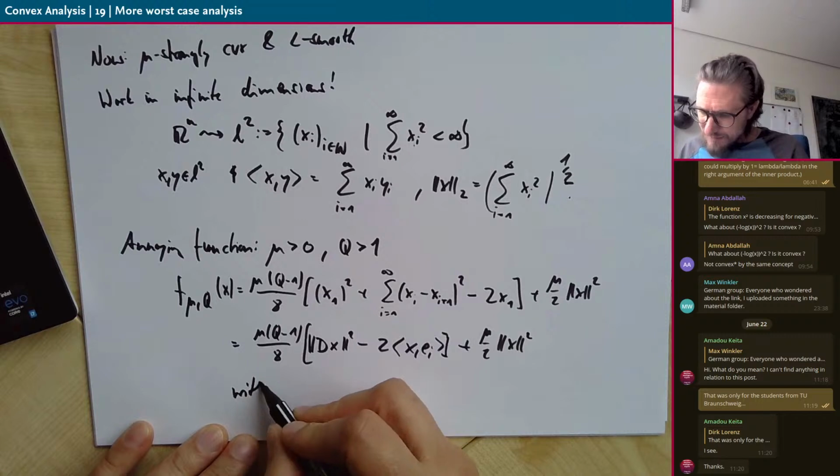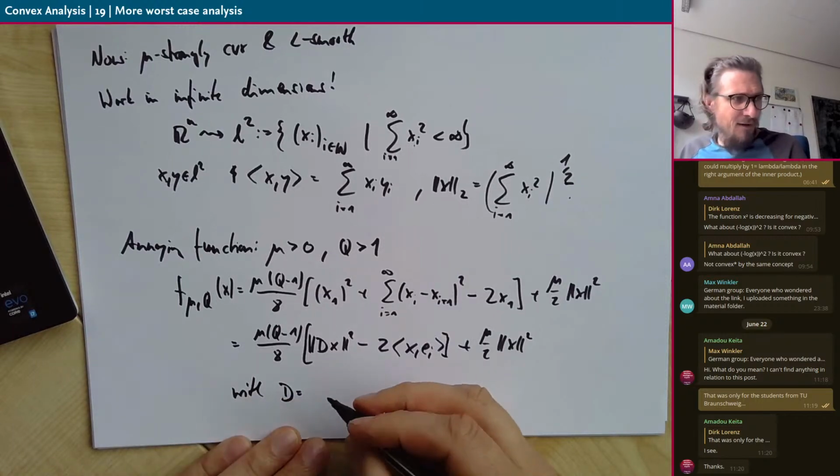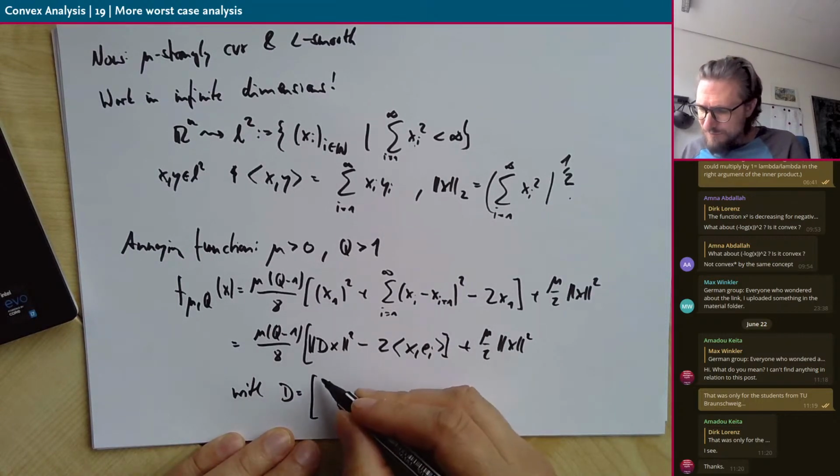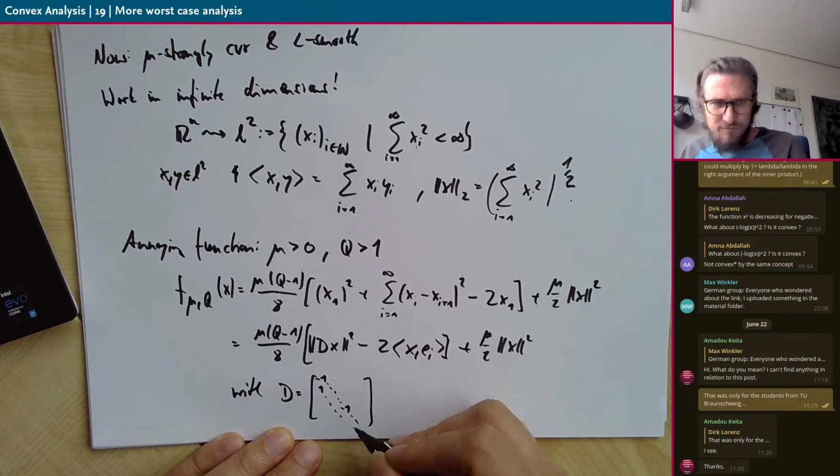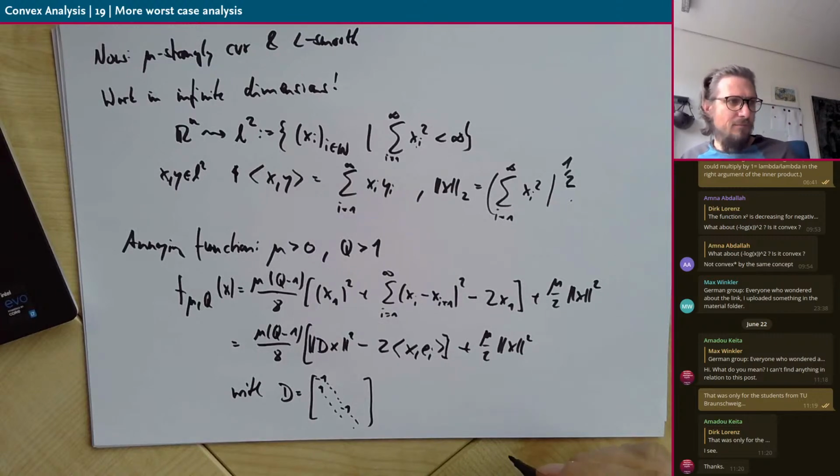And what is this D? The D is basically as before, but now it's an infinite matrix. So we have minus ones on the diagonal and ones below, but this is going to continue up to infinity.